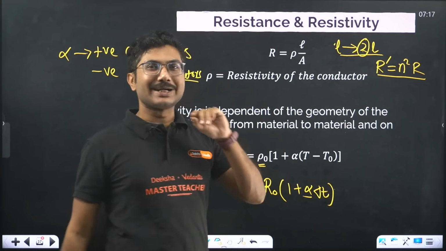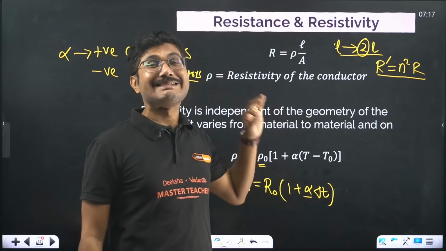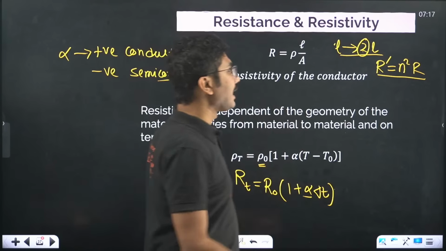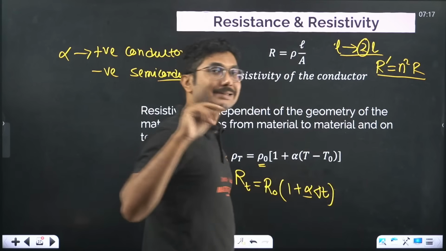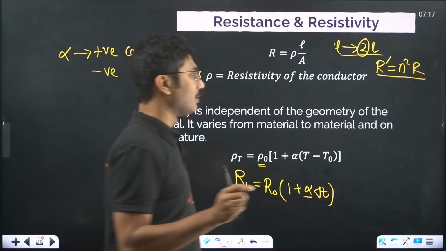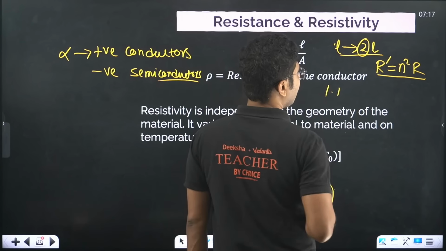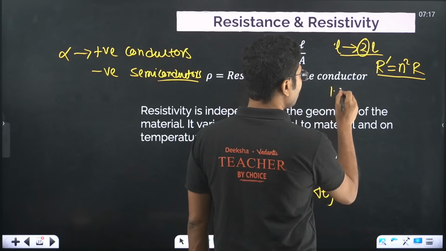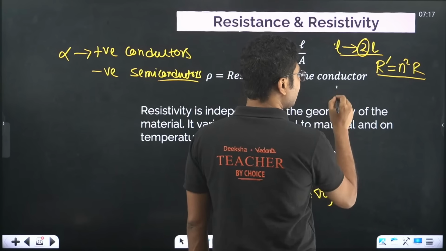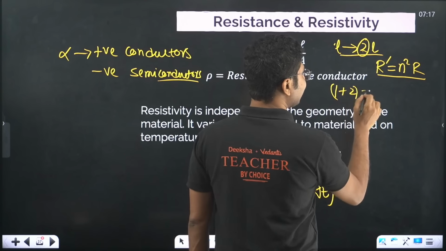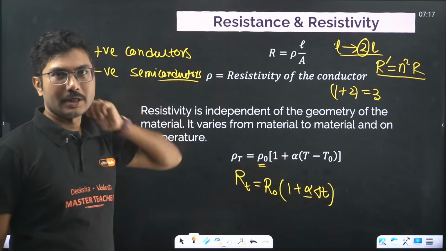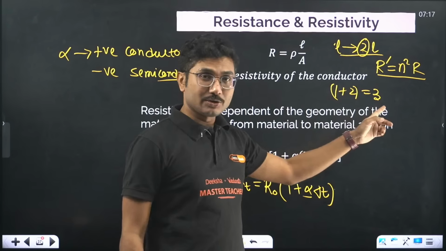Sometimes they give you percentage changes. Length is increased by 50%, length is increased by 10%. In that case, if it is increased by a percentage, you take 1 and add the percentage as a decimal. So 10% means 1.1, 20% means 1.2, 50% means 1.5. If length is increased by 200%, then it will be 1 plus 2, that is 3.